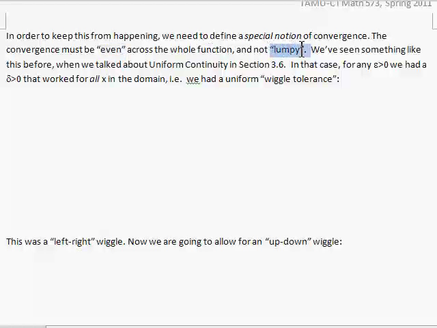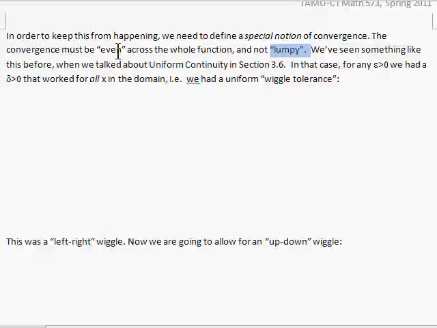In the example I just showed, there was a lump in the functions fn, that as n increased, that lump traveled to the left and towards 0. And since that lump was always moving, it didn't permanently affect any of the x in the domain. However, it caused an error bad enough so that the overall integral of the functions fn did not converge to the integral of the limiting function.